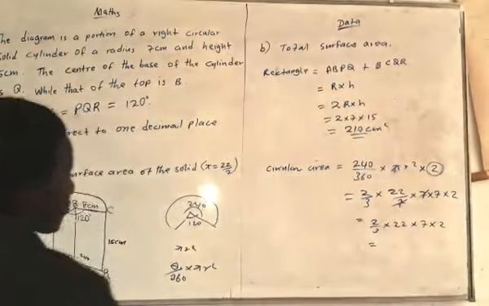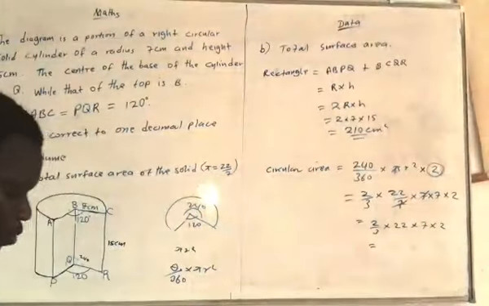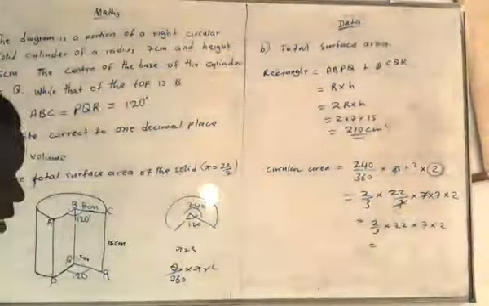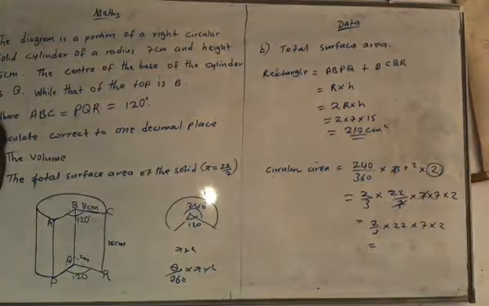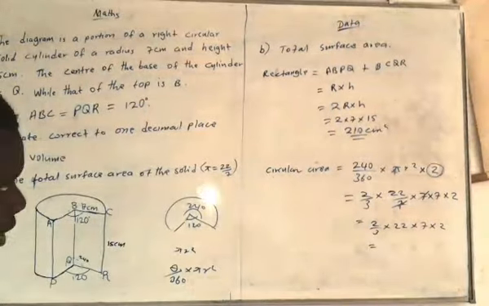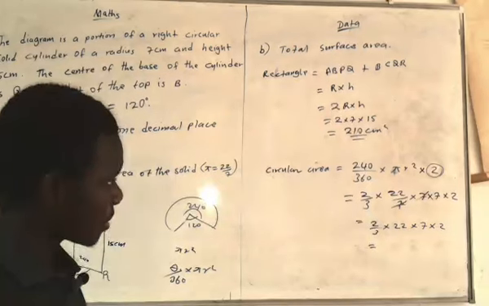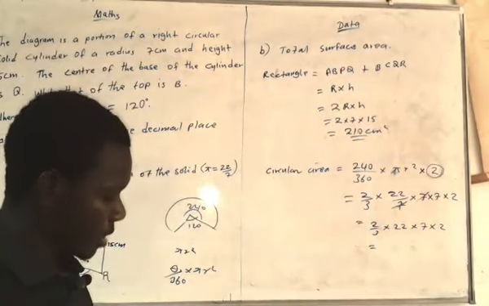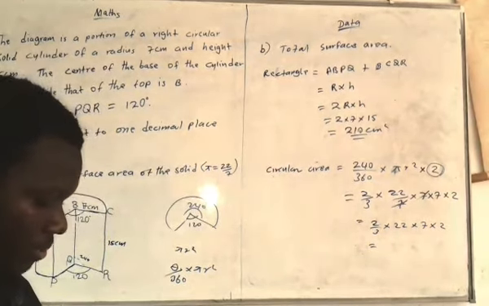Let me multiply up and down. We have 2 multiplied by 22 times 7 times 2. Let me go again: 2 times 22 times 7 times 2, divided by 3.